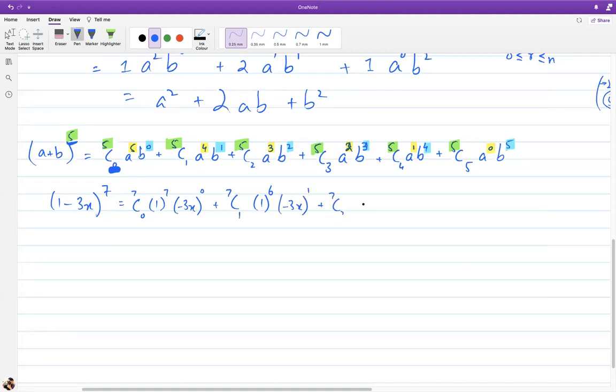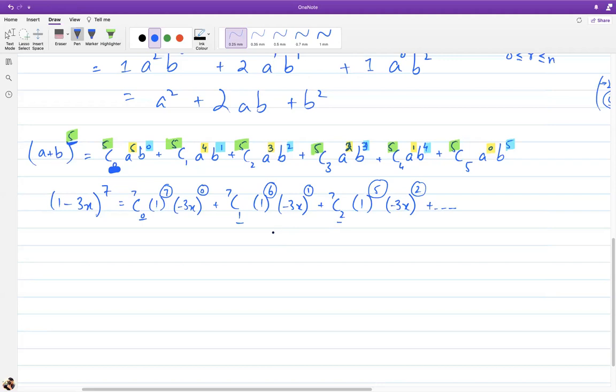Then 7c2, 1 to the power 5, minus 3x to the power 2. And that's how it will grow. Basically, this power will keep decreasing, this power will keep increasing, and so will this number.